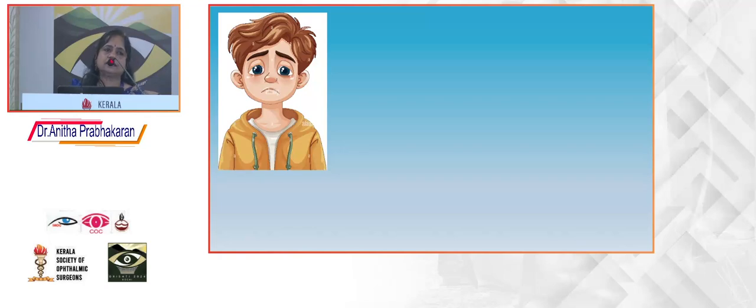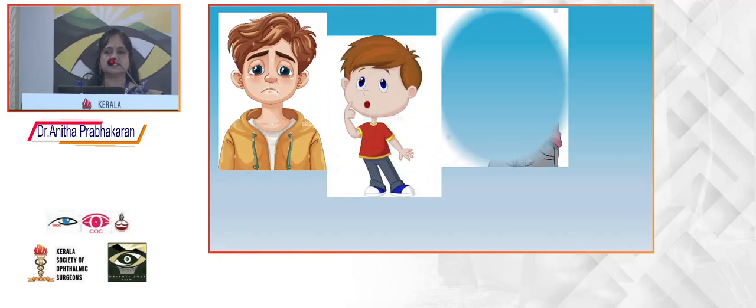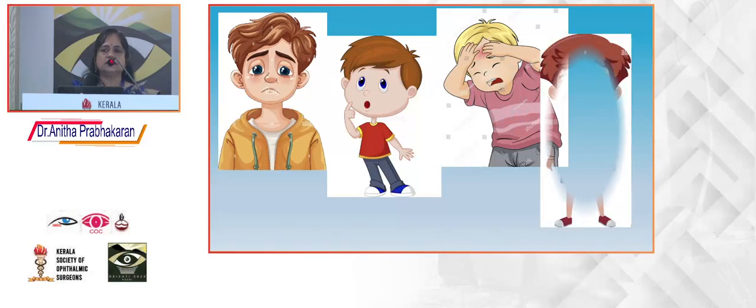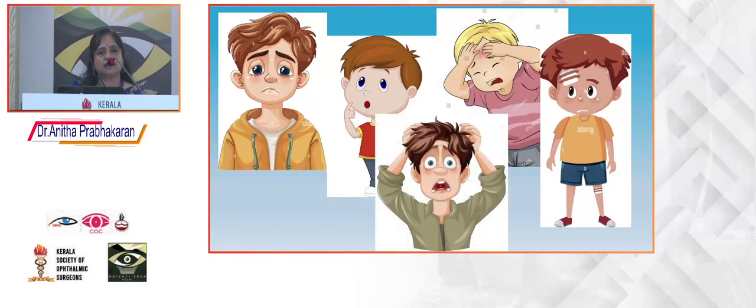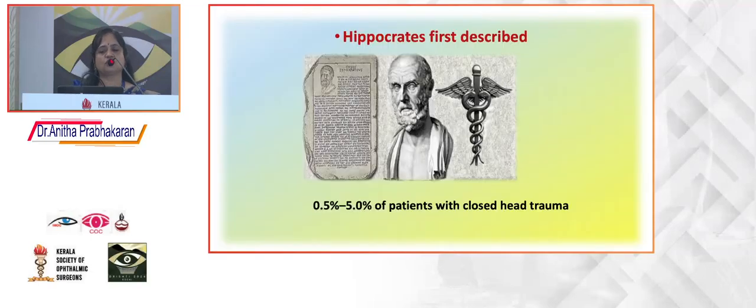On detailed history taking, he denied any history of trauma to the eye, but on repeated questioning, he remembered that he had sustained some trauma to the forehead, just above at the supraorbital region. Both he and we PGs were quite upset that we had no treatment to offer.